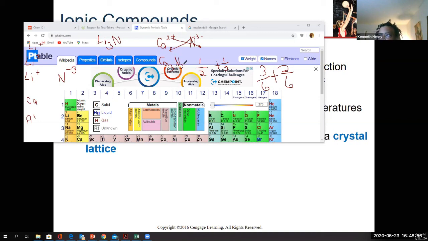If we want to check to see if it balances out, each calcium is 2 plus, is that correct? Yes. Each nitrogen is 3 minus.